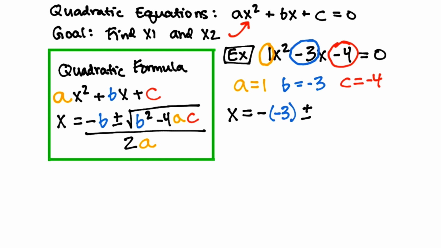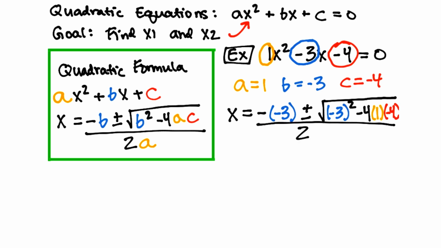So we'll say negative b, plus or minus the square root of b, so negative 3, squared, minus 4ac, all over 2a.